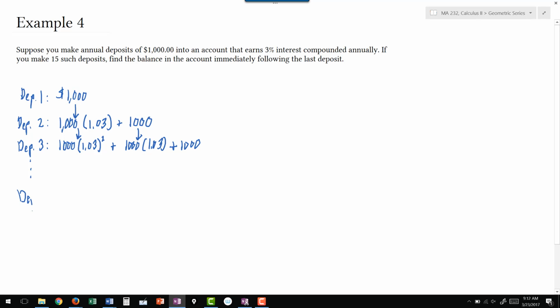We could continue keeping track of the formula of the pattern after each deposit, but I think we've seen enough that we can try to write down the pattern after 15 deposits. The very first deposit would have earned interest for 14 years. The second deposit would have earned 13 years worth of interest, so it would become 1,000 times 1.03 to the 13th.